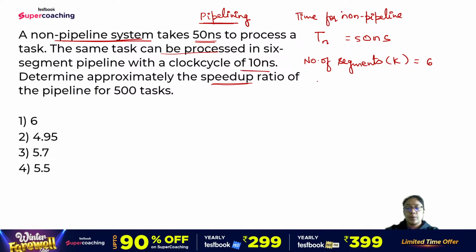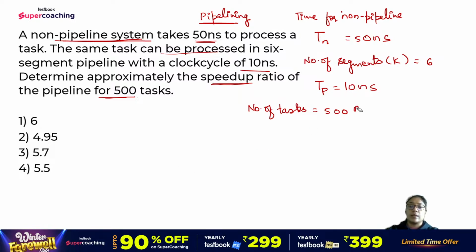So the time going in the pipeline is 10 nanoseconds. Determine approximately the speed up ratio of the pipeline for 500 tasks. You are given the number of tasks, that is 500. So every single thing is given to you.